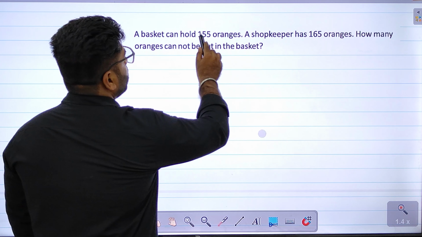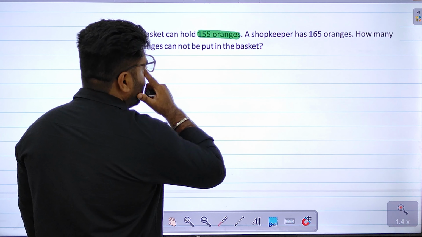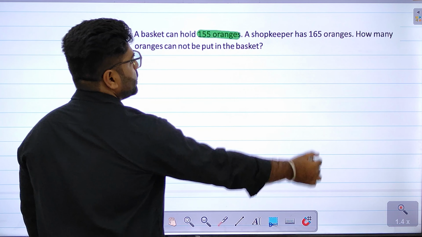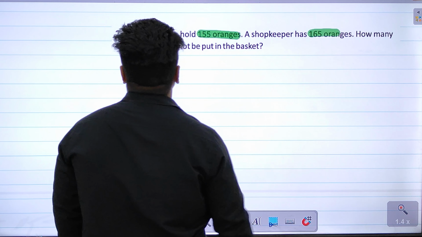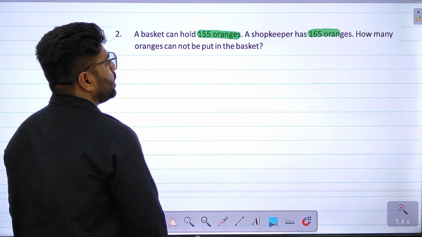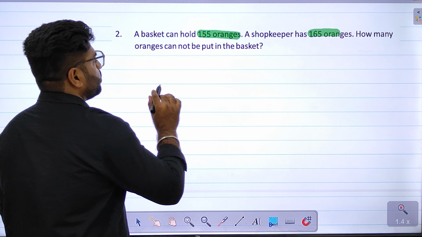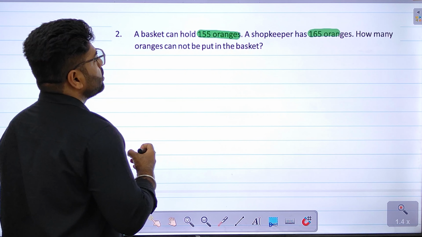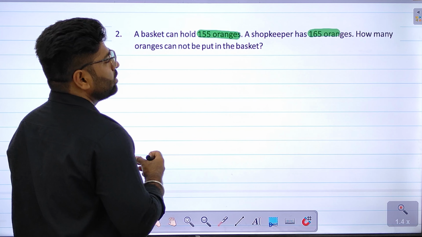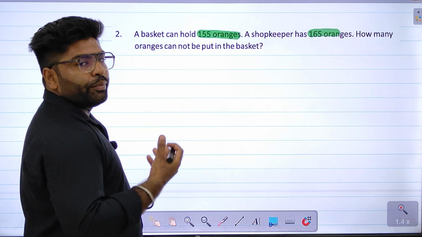Okay, here we are in question number 2. A basket can hold 115 oranges. A shopkeeper has 165 oranges. How many oranges cannot be put in the basket? Okay, we are going to use the concept of subtraction here because we have to find the remaining part.